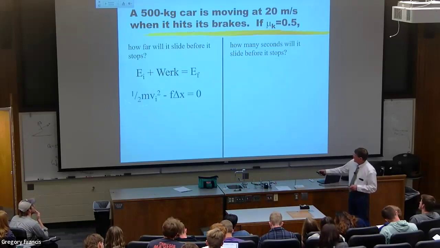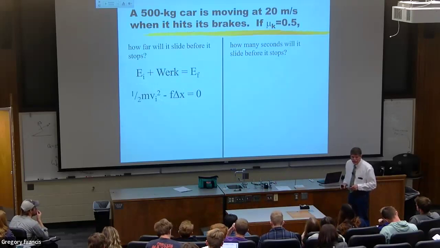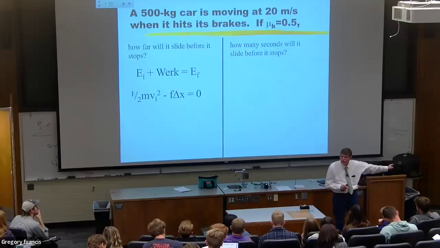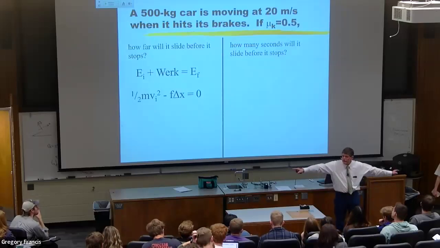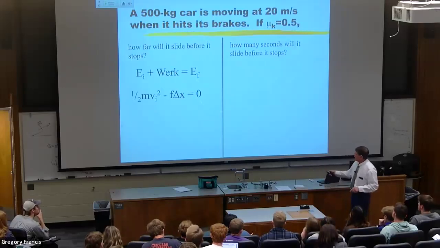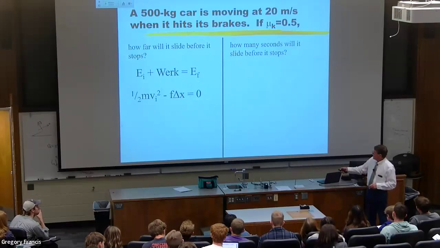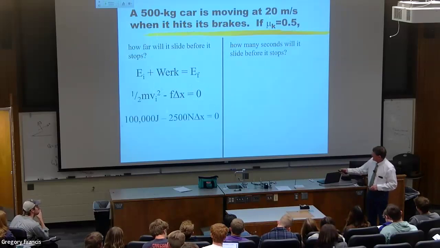And so my initial kinetic energy would just be 1/2 mv squared. And then the friction does negative work, negative because the car's going one way and the friction is acting the opposite way. And then the car stops, so there's no kinetic energy. Well, I know the mass, 500, I know the v, 20, and so that gives me 100,000 joules.